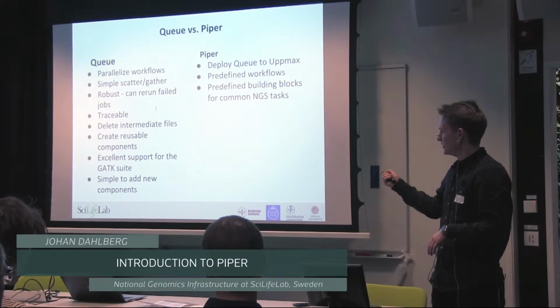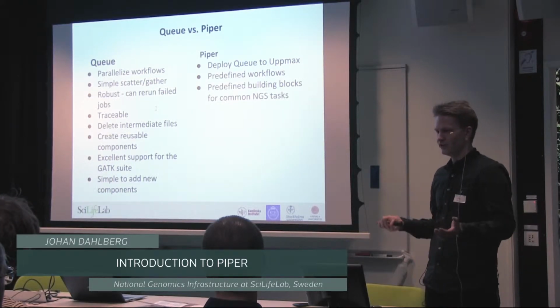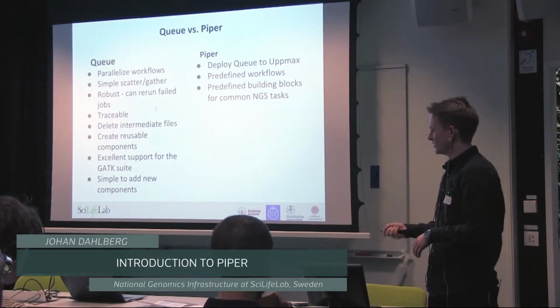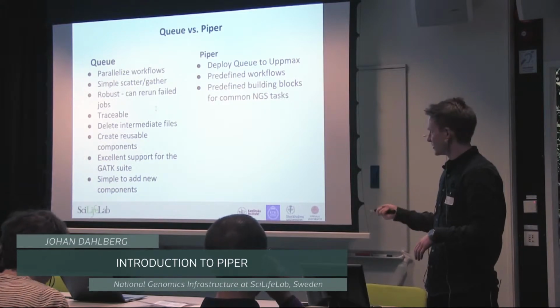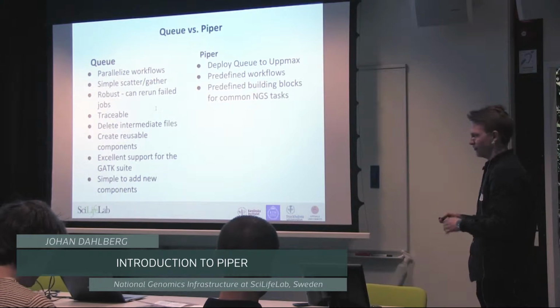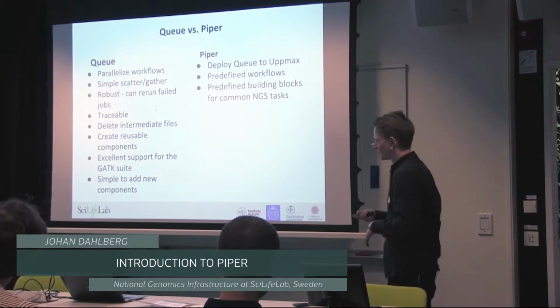It has some predefined workflows, for example for running exome-seq analyses or RNA-seq and so on, which are not present in the framework itself. And it also has some predefined building blocks for building up these sorts of things.